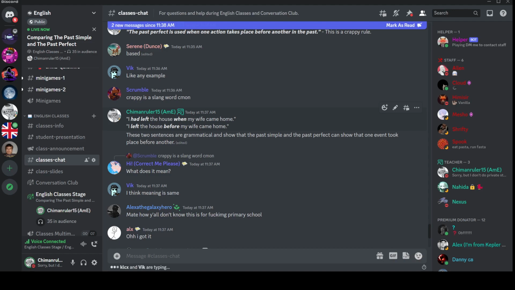It's just that the first one implies a stronger connection between the two events, whereas the second one doesn't really imply that. If you were just listing a sequence of events, like I did this and later I did that, without implying that they're somehow related, then you don't need to use the past perfect. I wouldn't use the past perfect if I wanted to say, "I went to the bank, and then I went to the store to get groceries."